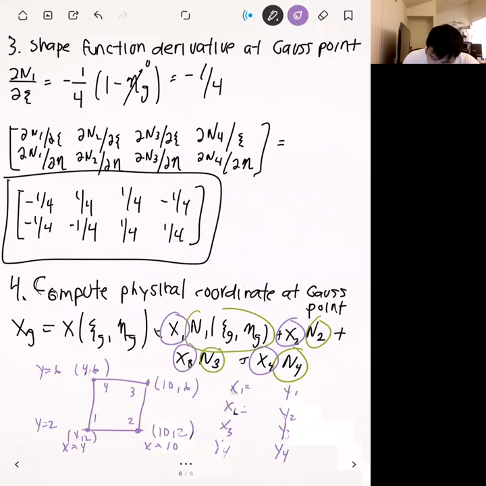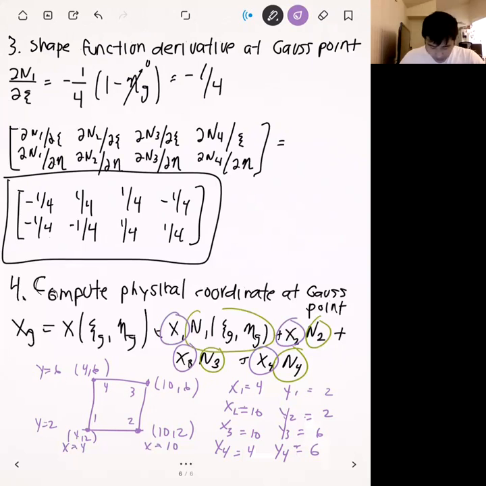So x1 is equal to 4, and y1 is equal to 2. x2 is equal to 10, y2 is equal to 2, x3 is equal to 10, y3 is equal to 6, x4 is equal to 4, and finally y4 is equal to 6. You can see some of these variables repeat because we're just integrating over a square, and so we can plug these in.